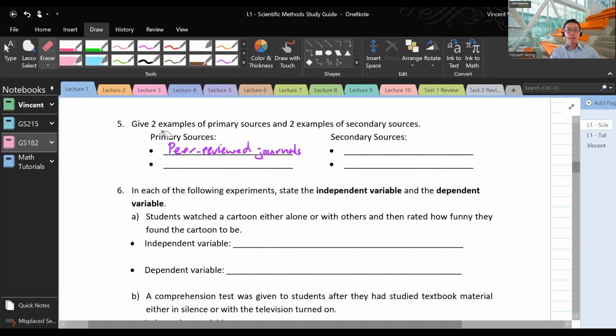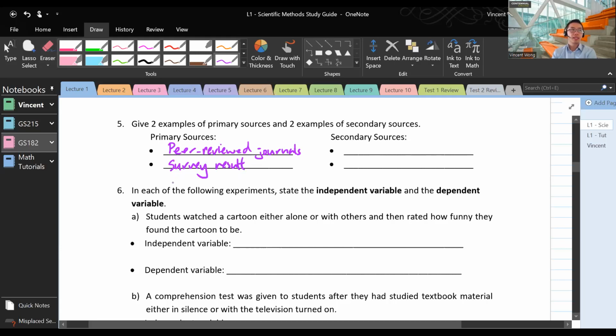Yeah, could be survey results that are published by the people who are actually conducting the survey. Very good. Here, I'll put it here. Survey results. First hand, right?